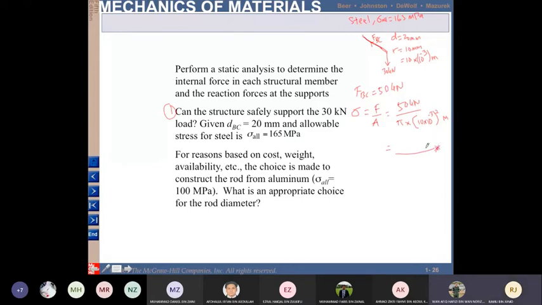So if this value is larger than this value, that means the rod cannot support 30 kilonewton. If this value is lower than this value, the structure can support the 30 kilonewton.